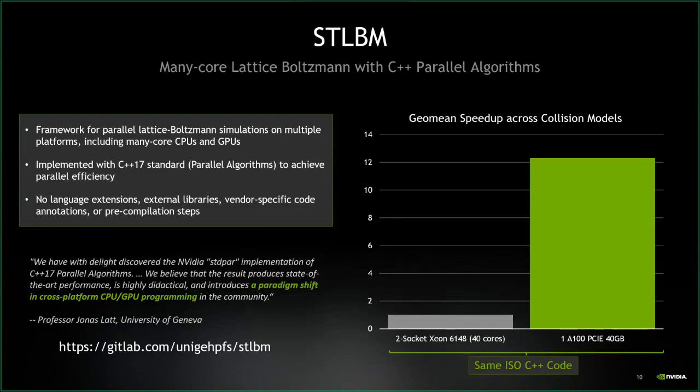That means there are no language extensions, there are no external libraries, there are no vendor-specific code annotations or pre-compilation steps, and we are looking at almost 13x better performance geomean over the collision models in STLBM from just adding an A100 over all 40 cores of a Xeon Gold 6148. Again, it's the exact same ISO C++ code.